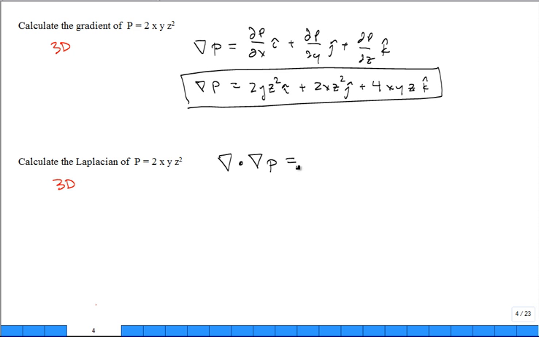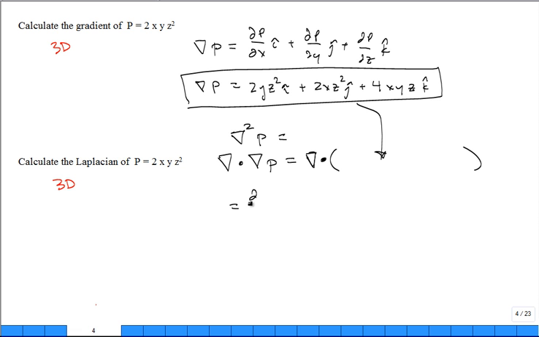That's the Laplacian. Sometimes it's written del squared p. But what's del squared? Del dot del. All right, so you already have this as the gradient of p. So I have to take the divergence of that, which is a dot product.